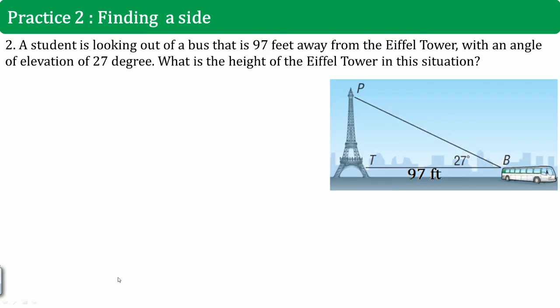Next, 2. You're looking at it from the student's point of view. The student looks up at 27 degrees. They saw that the bus is 97 feet away. You're trying to find the height of the tower. I'm going to use the letter H for height.